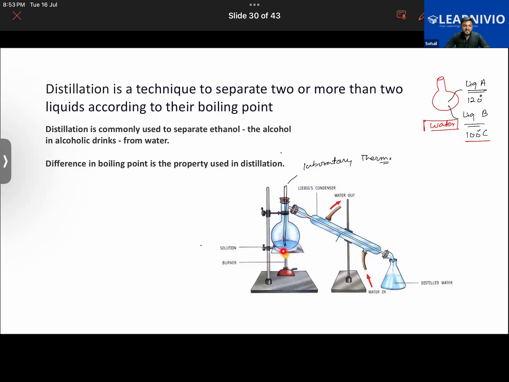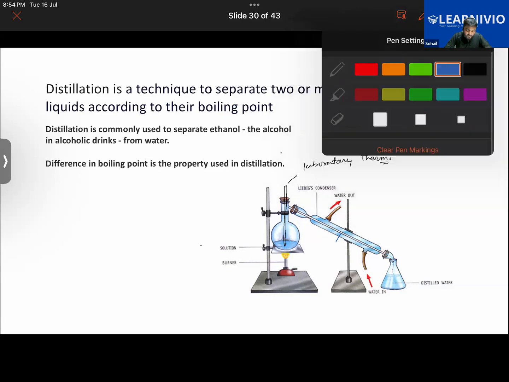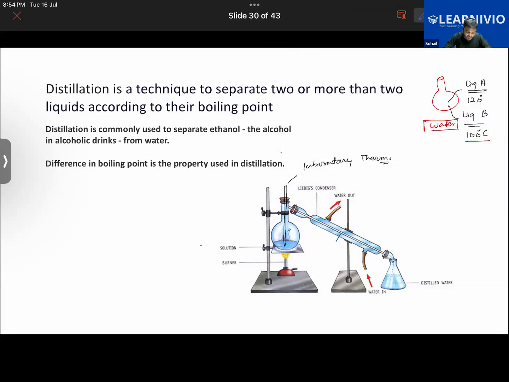At 100 degrees Celsius, liquid B will convert into vapor, into gas. The vapors of liquid B will start to rise, and then go into this pipe over here.